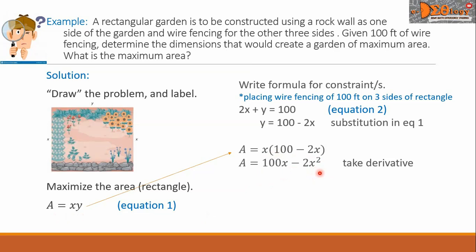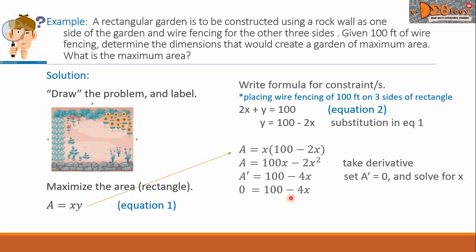Now we are ready to take the derivative. So the A here becomes A prime equals 100, the derivative of 100x, minus the derivative of 2x squared, which is 4x. From here, let us set A prime equal to 0 and let us solve for x.